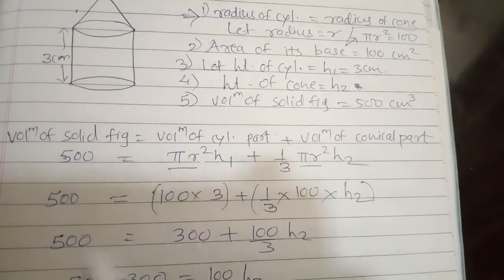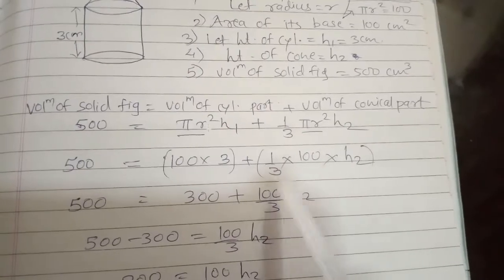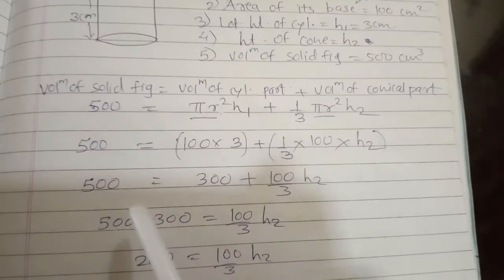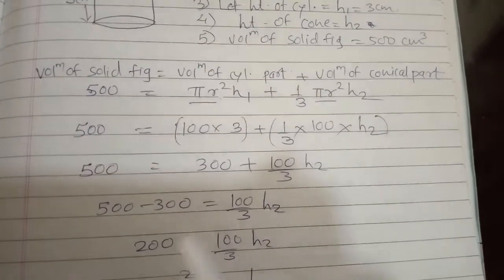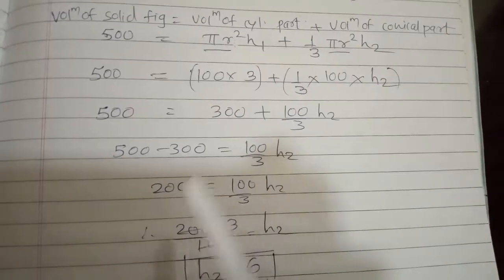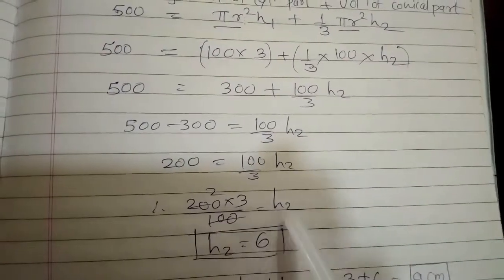So 500 equals 100 into 3, that is 300, plus 100 upon 3 h2. Now move this 300 to this side, so we get 200 equals 100 upon 3 h2. Again move the 3 to this side and divide by 100, so 100 twos are 200 and 3 twos are 6.